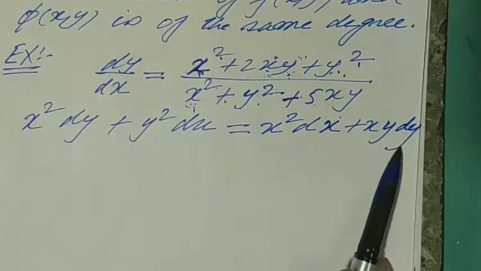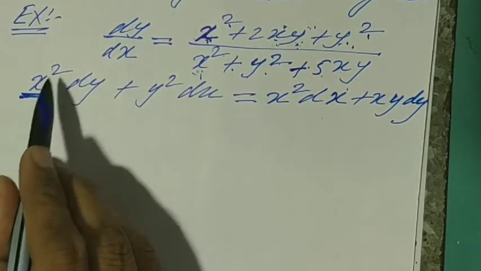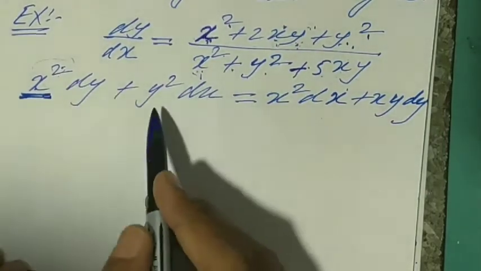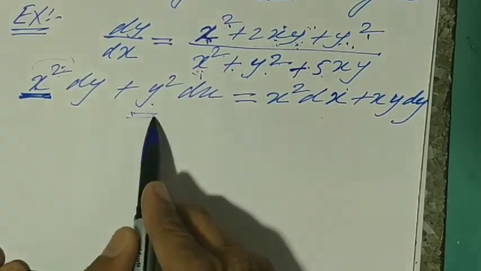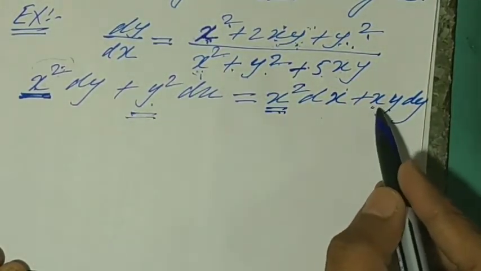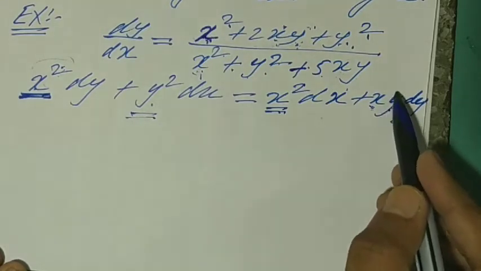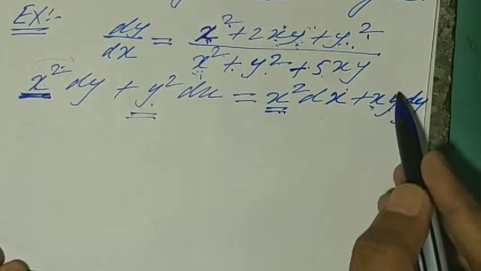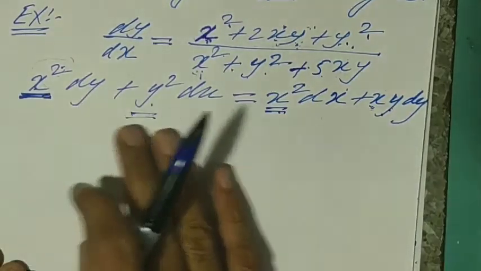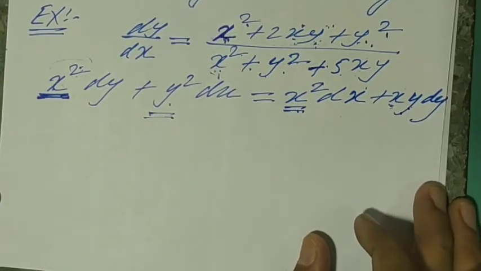This equation is also homogeneous because the degree of this term is 2, because this is x square, power of x is 2. There is y square, so the degree of this term is also 2. This is x square, so the degree is also 2. And there are two variables in this term, so the degree of the term is the sum of the powers of these two variables, 1 plus 1, 2. So the degree of this term is also 2. In this way we may easily identify a homogeneous differential equation.